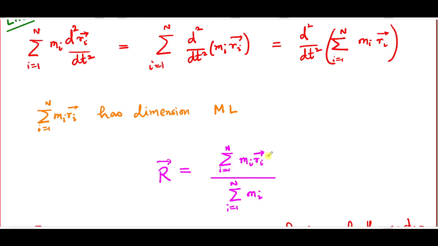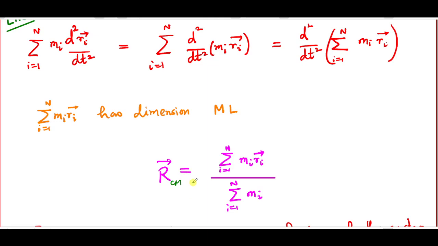Of course, this is a vector divided by a scalar, so this has to be a vector, which has the correct dimensions to be the position vector of a point. Now this position vector we call R vector, capital R, and when we want to be extremely careful in pointing out what we are talking about, we will call this R_CM. CM stands for center of mass.